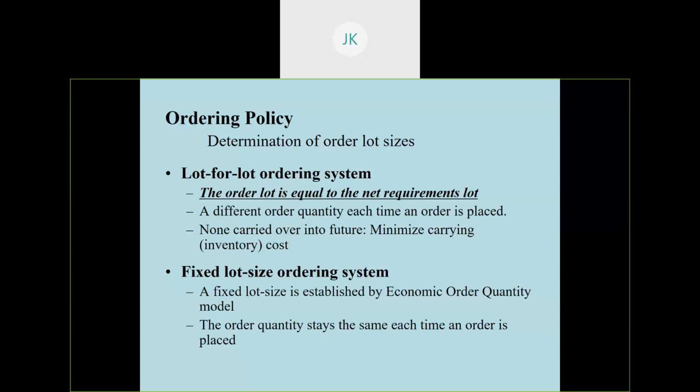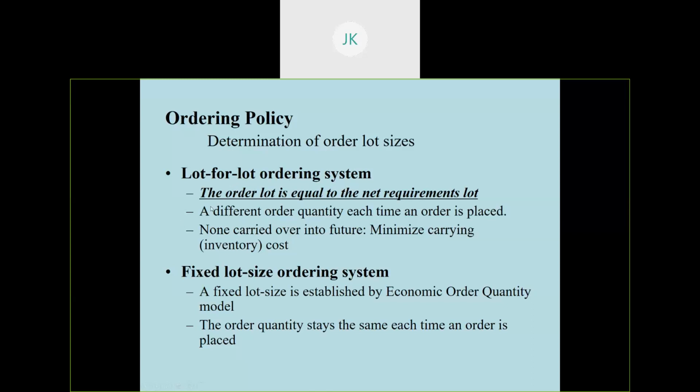So when we run the MRP system, we may use different ordering policies. First one is the lot-for-lot ordering system.